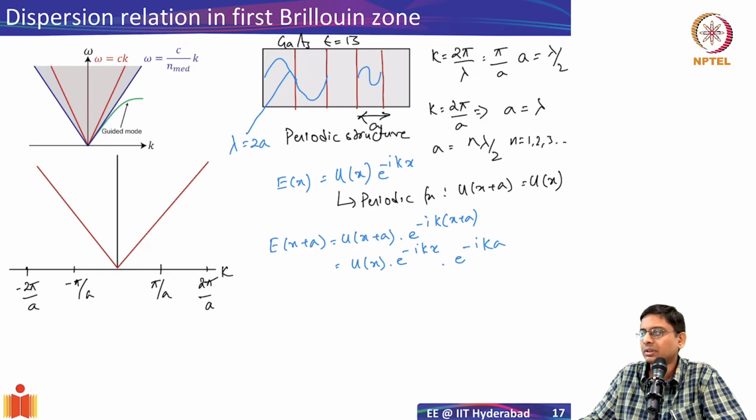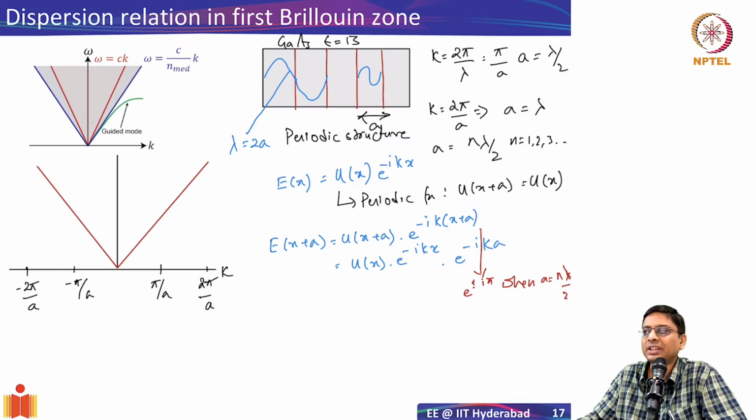But now, when a is equal to lambda by 2 or n lambda by 2, this entire thing, you can see it quickly, is equal to e to the power plus or minus i pi, when the periodicity a equals n lambda by 2.